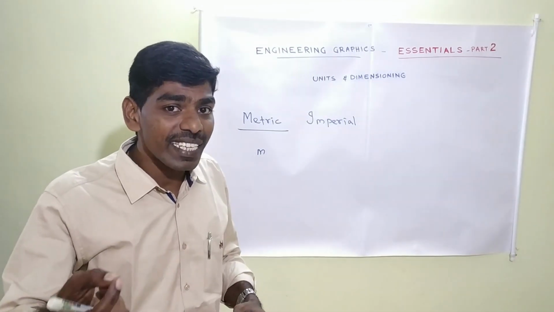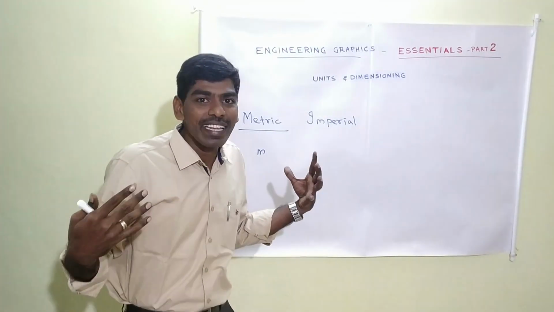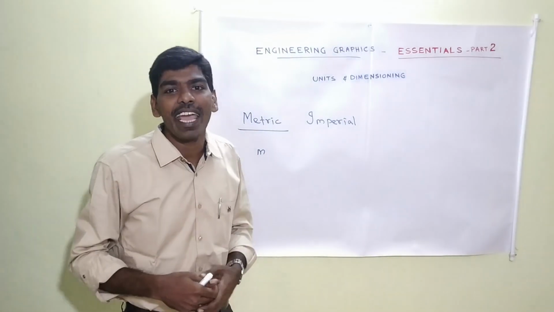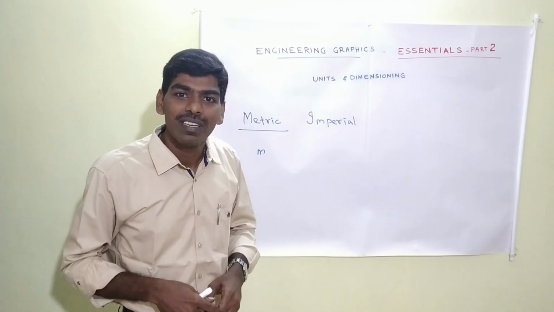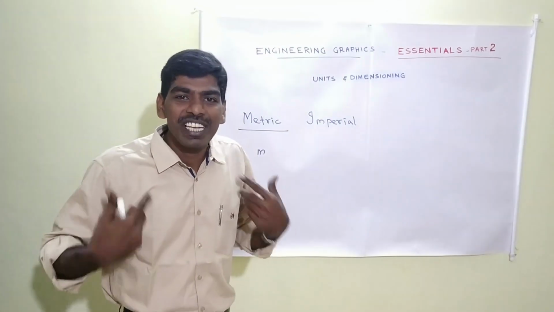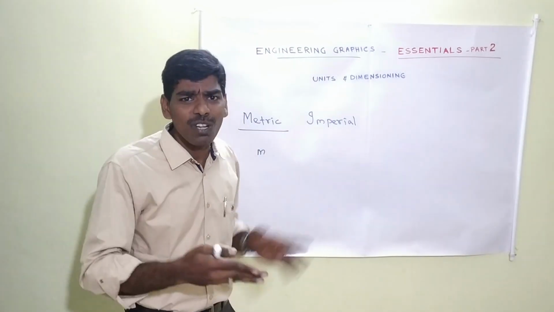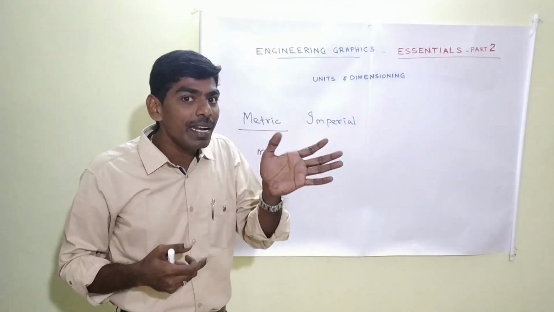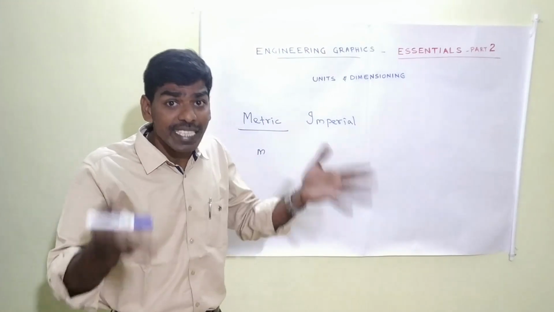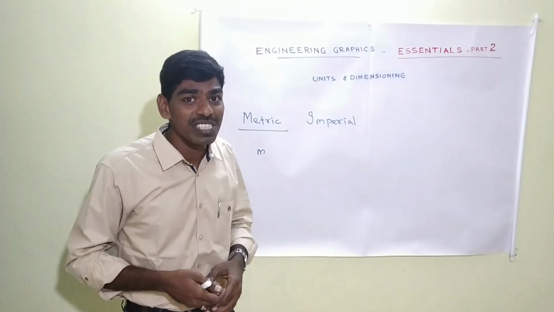Even if you say certain things, how tall am I? If someone asks me, I could say I am 6 feet tall. In that case I am using an imperial system. Or else, if someone says my shirt size is 40, that is also in the imperial system. If a photo frame is given in a maxi size 6x4, that's again in imperial, in inch.